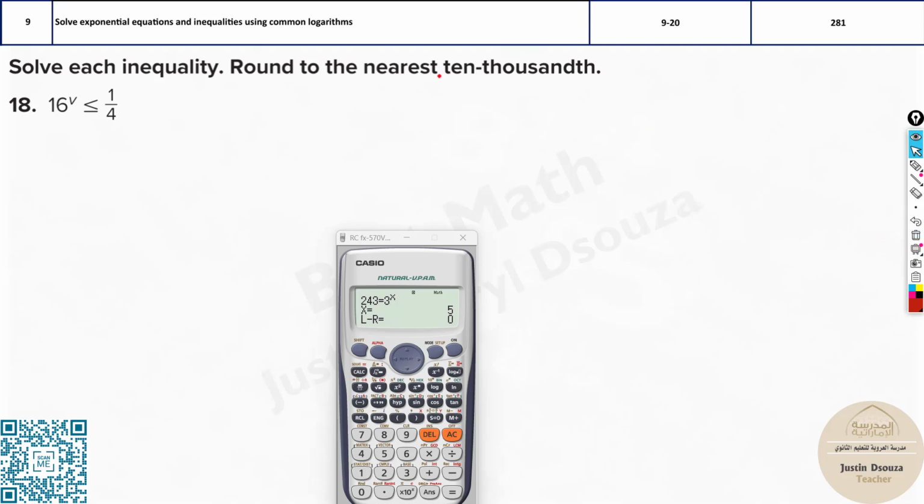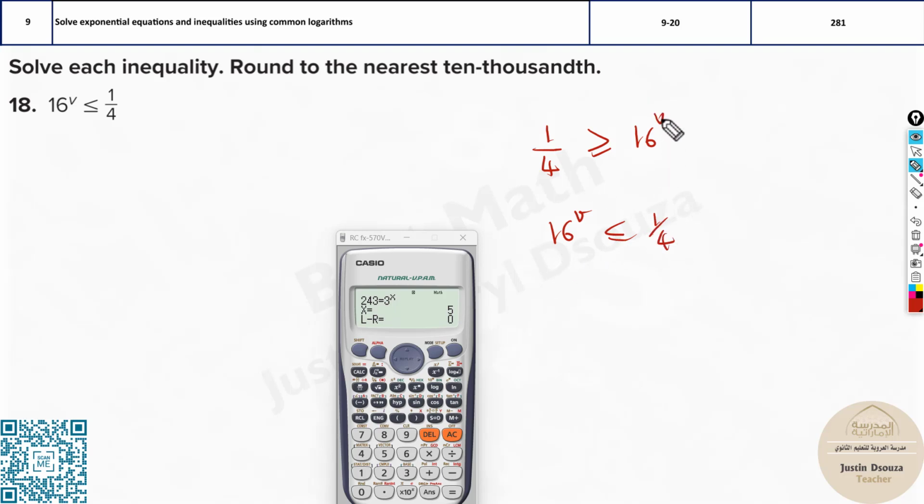Now if at all you had this particular question like this, 16 on that side, and we had 1 by 4. Imagine this was the question. I've just flipped this inequality. Now this inequality can be written the other way around. You can write this first, it's less than or equal to 1/4, and then you can put it in the calculator.